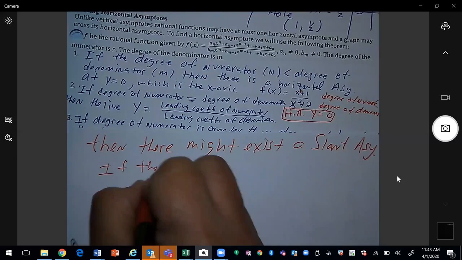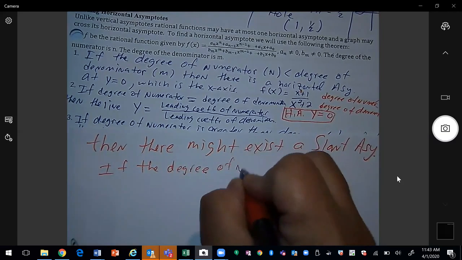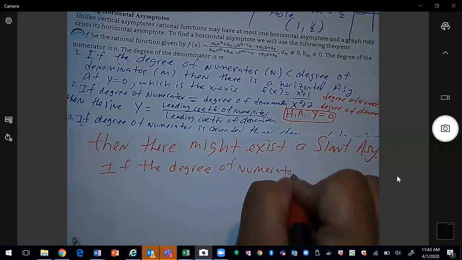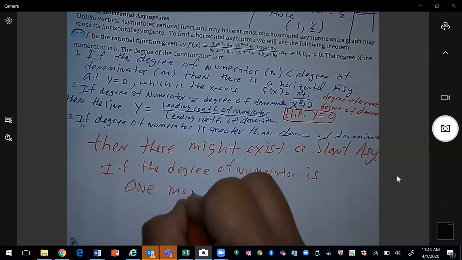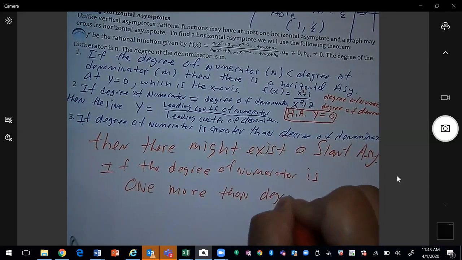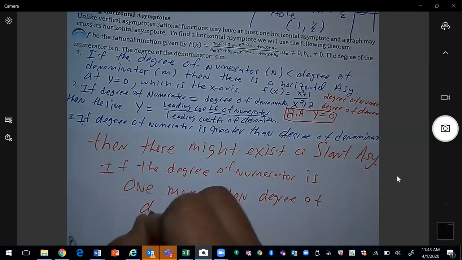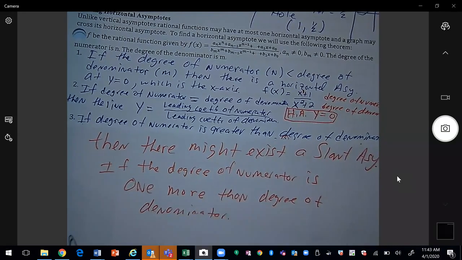If the degree of the numerator is 1 more than the degree of the denominator, then that's how you know if it's going to have a slant asymptote.